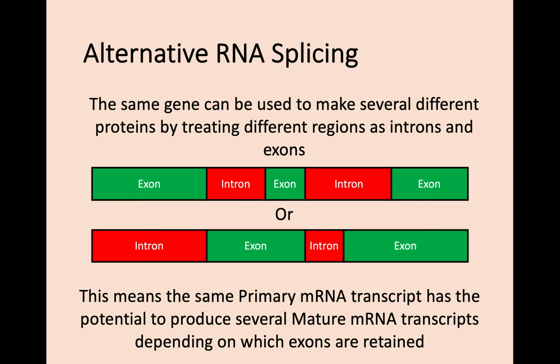That exon could become an intron, and you remove that. The intron could become an exon, and then you've got an area of primary mRNA transcript there that's going to be changed into mature mRNA transcript. The basics of this is that the same primary mRNA transcript has the potential to produce several different mature mRNA transcripts. What they have is the potential to make different amino acids, which will then make different proteins.